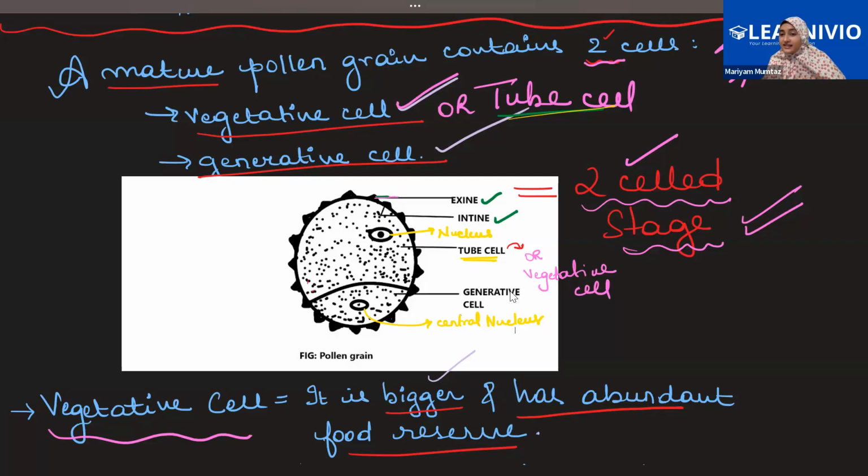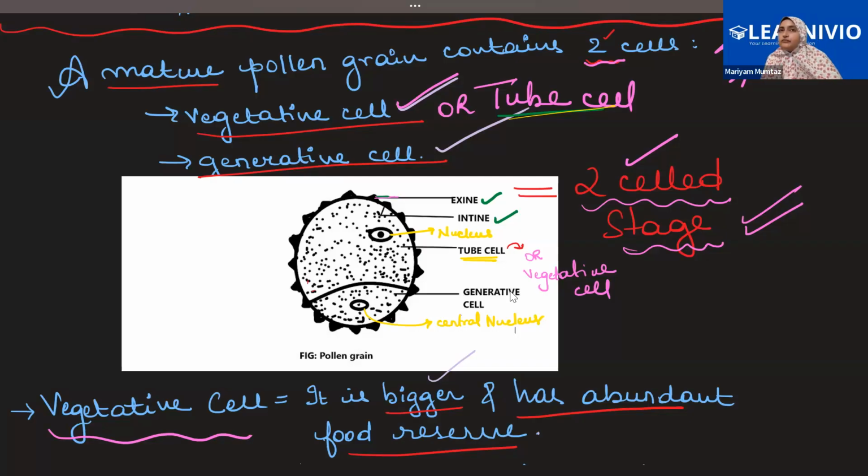A very thick, resistant substance: sporopollenin. Is the exine, the outer layer, continuous or discontinuous? Discontinuous. Why? Because there are gaps. What are those gaps called? Germ pore. Imagine it as a hole.